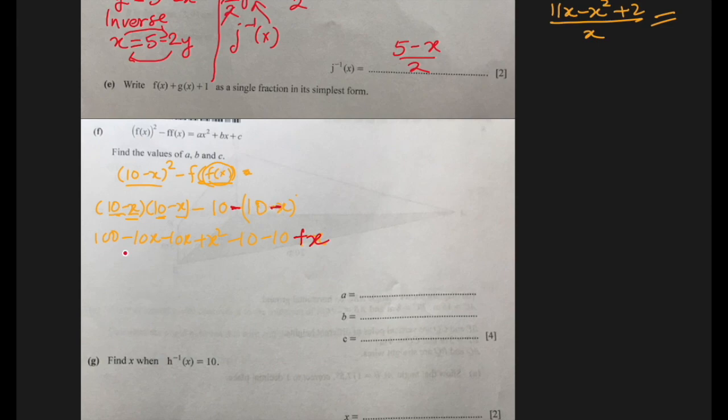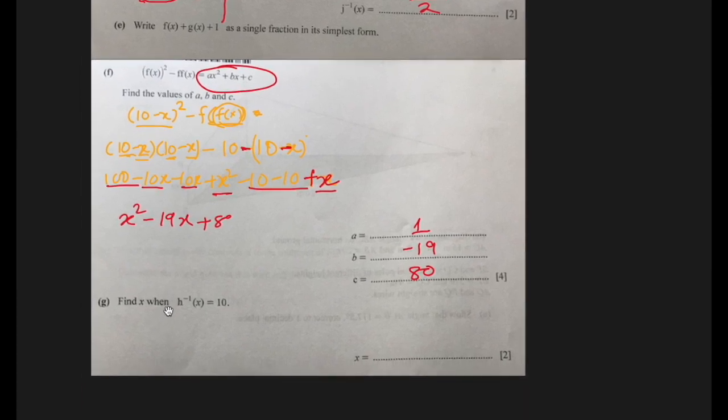All right, so x square is alone, then minus 10x and minus 10x is minus 20x, but there is positive x, so minus 20x plus x will be minus 19x, and 100 minus 20 is 80. So if I compare with this, it becomes a equal to 1, b equal to minus 19, and c is equal to 80.